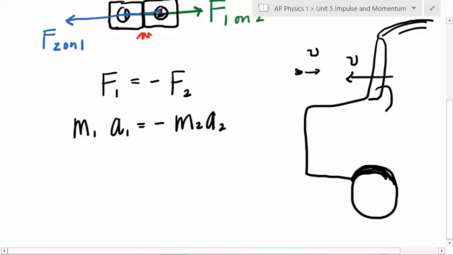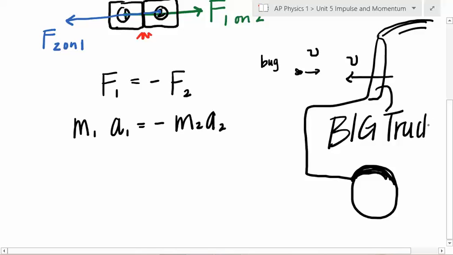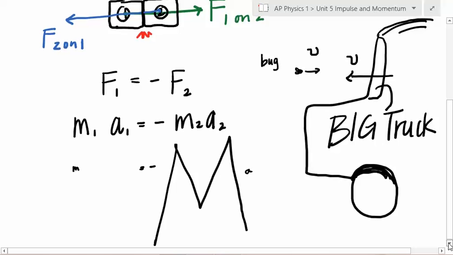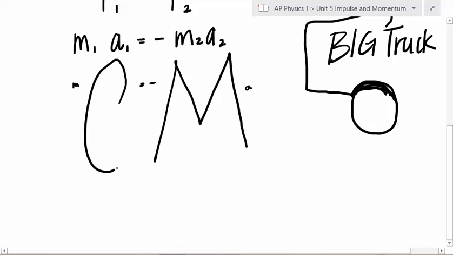That's right. So maybe the mass of the bug. So this is the bug, and this is the big truck. Maybe the mass of the bug is really small, and the mass of the truck is really big. So then the acceleration of the truck would be really tiny, but the acceleration of the bug would be really big.